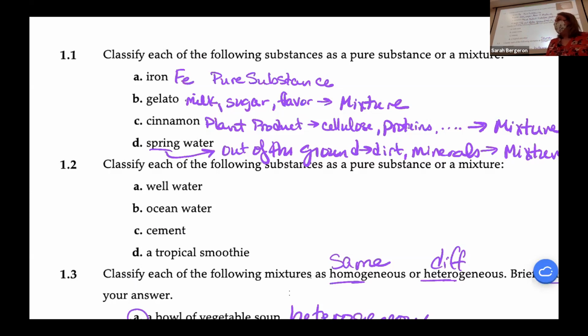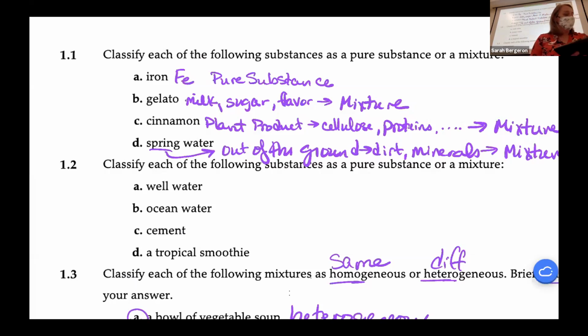Spring water. Where do you get spring water? Is it pure water? No, it comes from a spring outside. You've got dirt, contaminants, all kinds of stuff going on in there. So it's not pure water. Unless it says pure water, it's not pure water. How about well water? Pure substance or mixture? Holler it out.